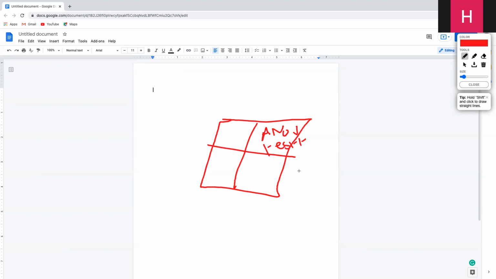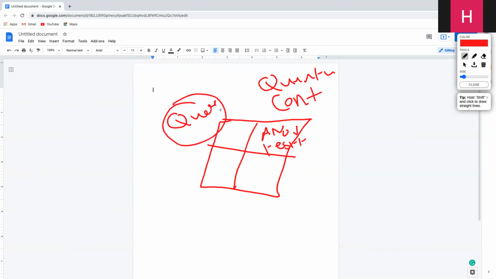In the ANOVA and in the t-test, the outcome has to be a continuous variable, or what we call quantity. And here the independent variable has to be quality, and the dependent variable has to be quantity.